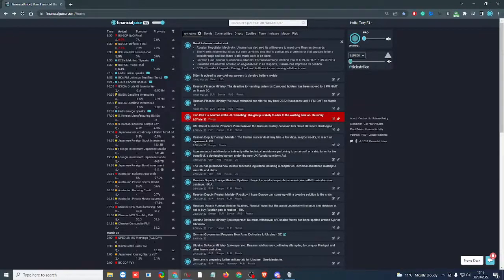Now, we haven't had any confirmation from the Ukraine side of whether they have agreed to meet Russia's core demands, or how many of those demands Ukraine will be willing to meet. But that's one of the headlines that came out not too long ago that caused a risk-on reaction for the markets.